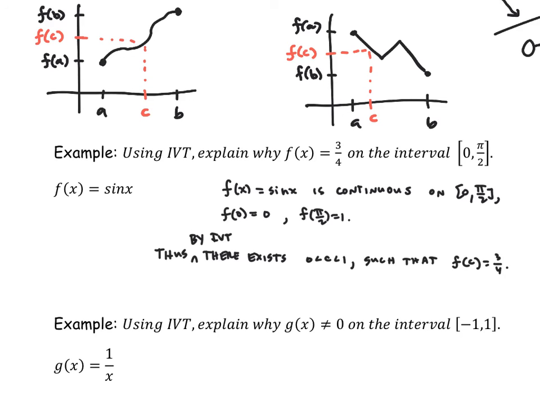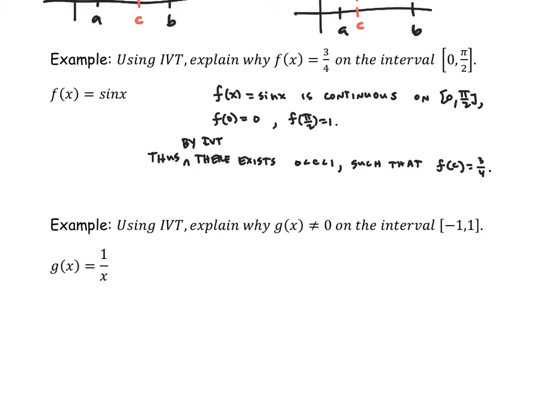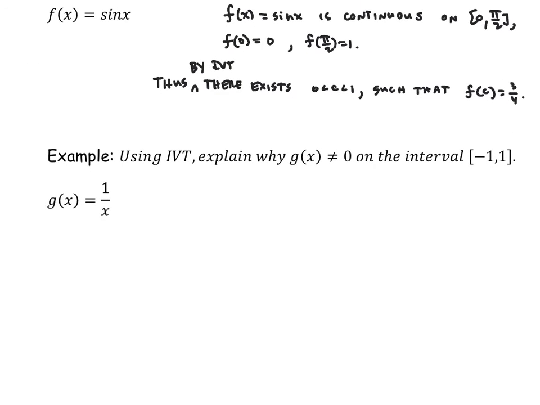Okay. Looking at the last example, you guys, you can get fooled once in a while, but in this case, we know that, and it's giving us our answer, but using IVT, explain why g of x cannot equal 0. Well, the reason why is because g of x is not continuous on the interval from -1 to 1. Okay, g of x has a vertical asymptote there at x equals 0.